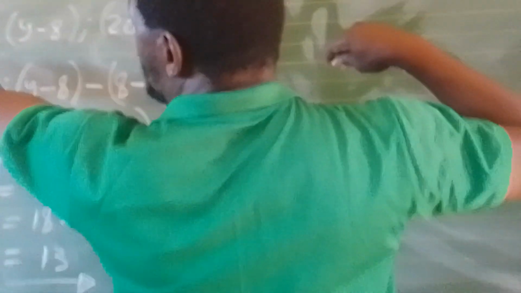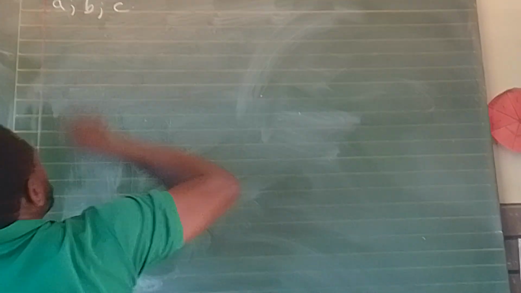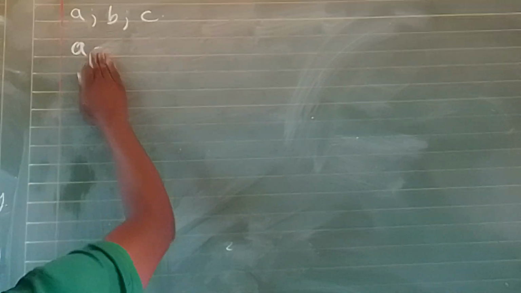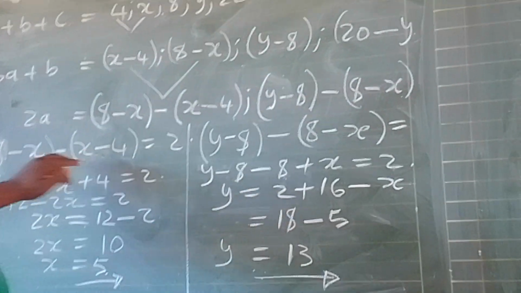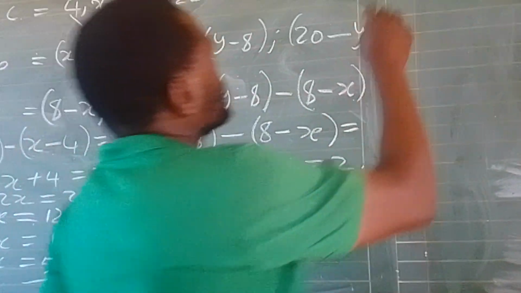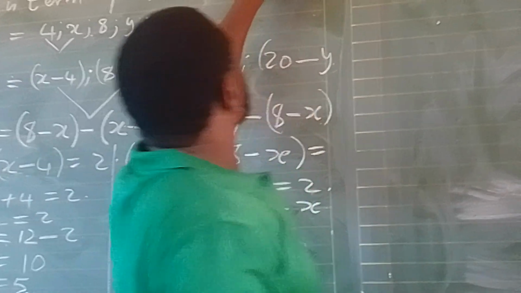Before we can find which term it is, we find A, B, and C. So our A is 2A here. 2A is equal to this part. 2A is equal to 2.